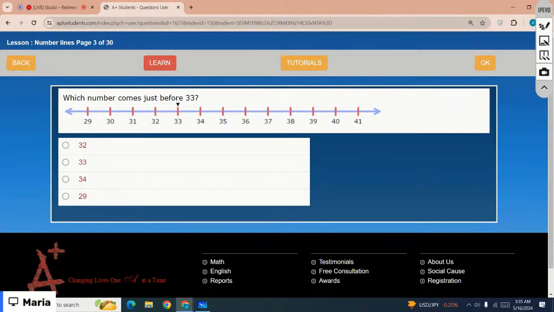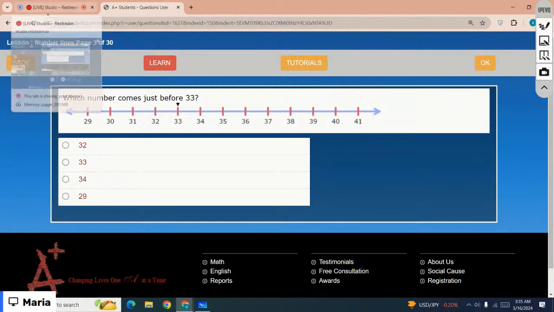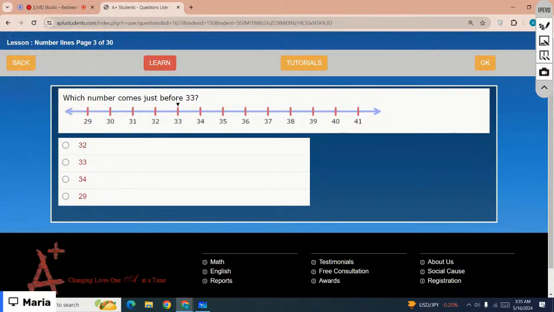Which number comes just before 33? Just before 33, you have 32.